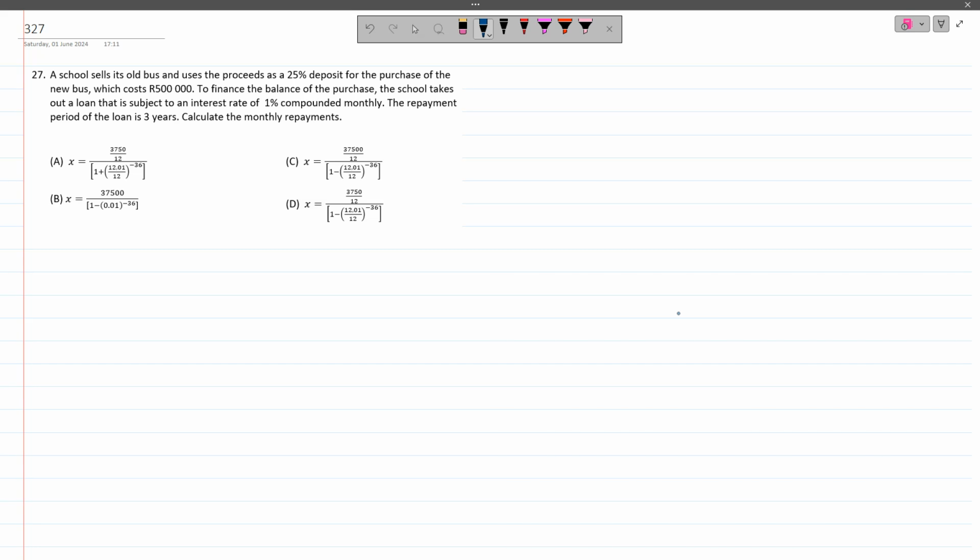Calculate the monthly repayments. So the present value, which is what we use when we're dealing with annuities and loans, will be equal to the monthly installments, x, multiplied by 1 minus (1 plus the interest) to the power of minus n, all over the interest.